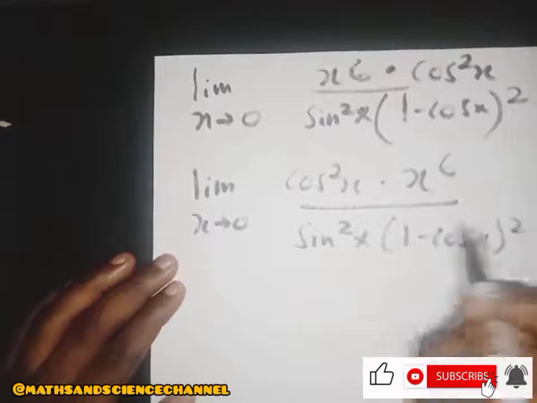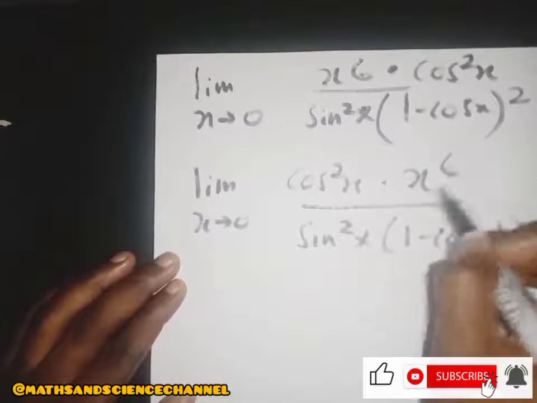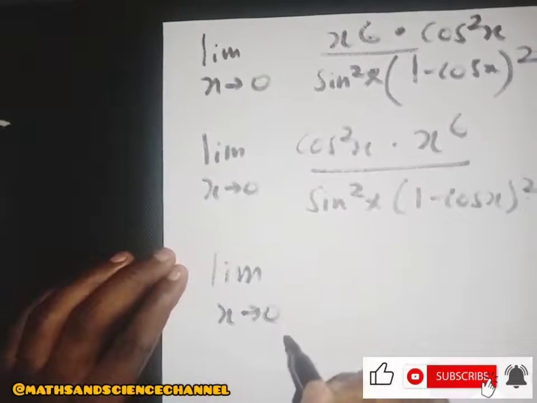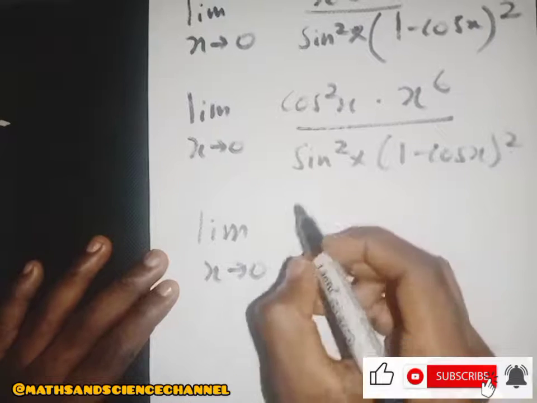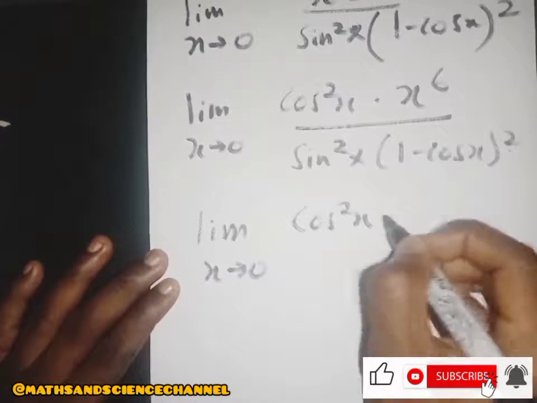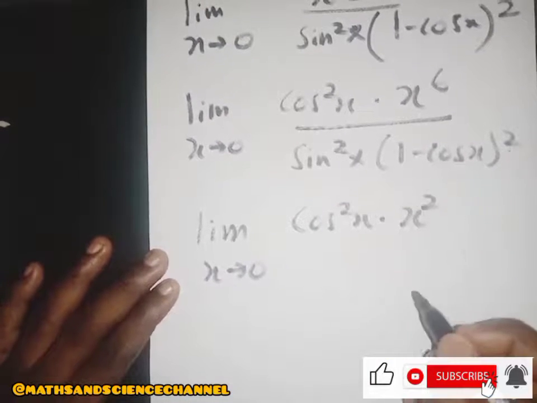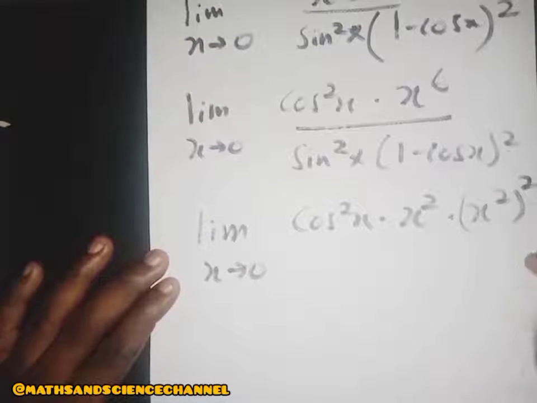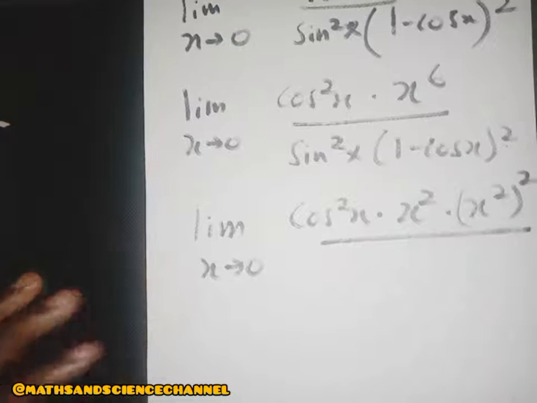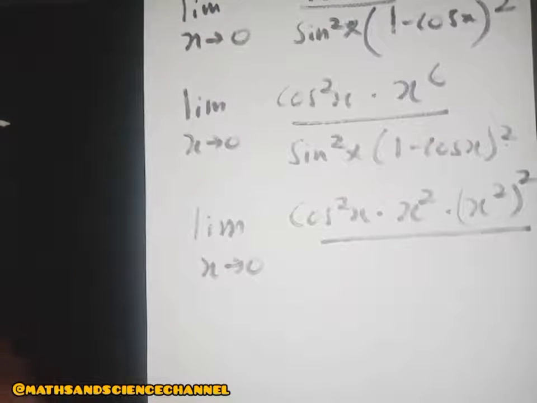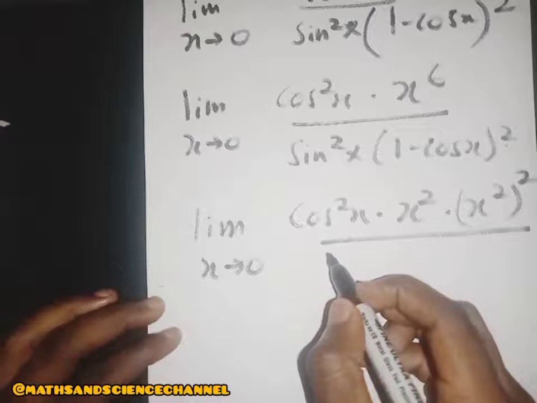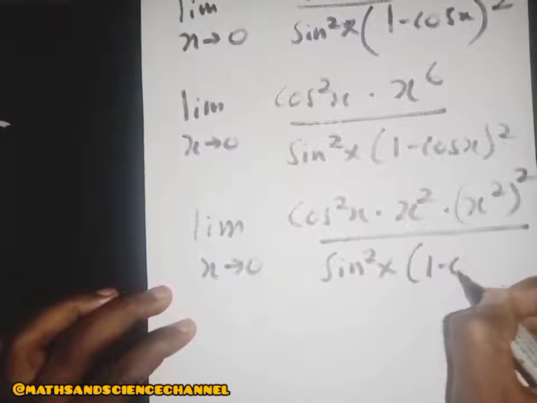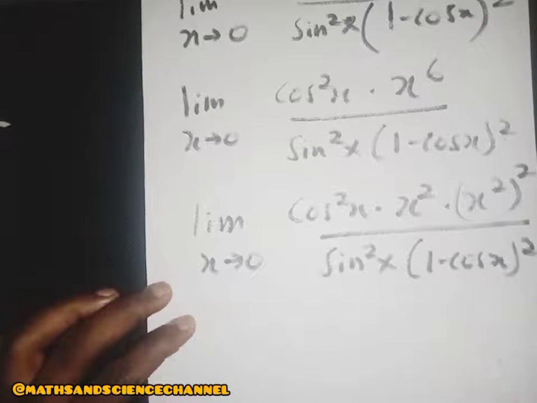Now since we have to the power x, let me leave this also in the power x. So writing that in the power of x, we can have cos squared x, we can write this as x squared, and then also we can have x then all squared, being divided by sine squared x times 1 minus cos x squared.